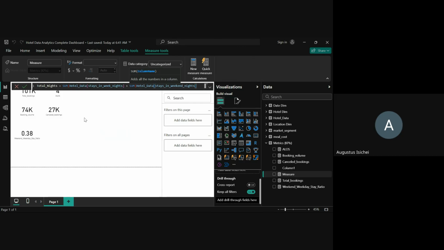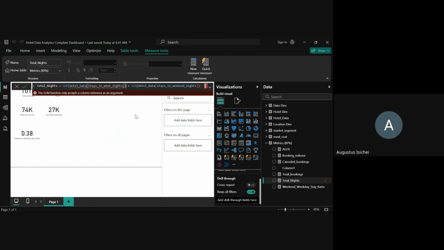I didn't close this bracket. Sorry, I didn't close this bracket. Great, this works now. So the sum of stays in weeknights plus the sum of stays in weekend nights. That is the total nights.